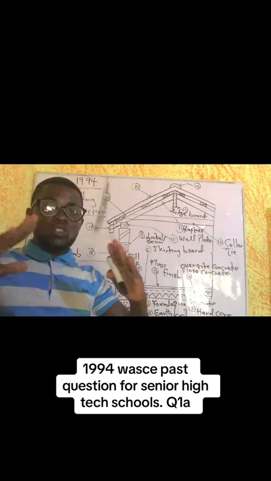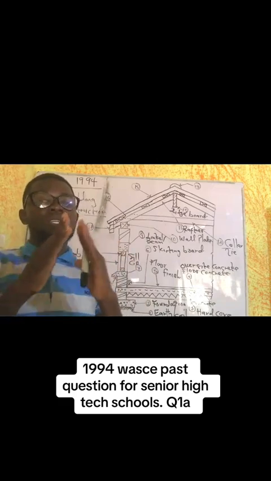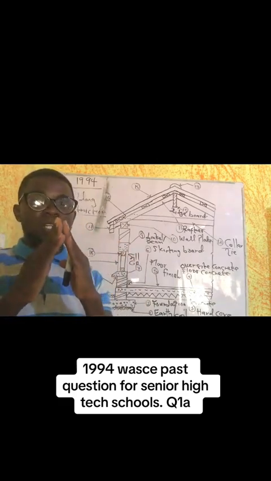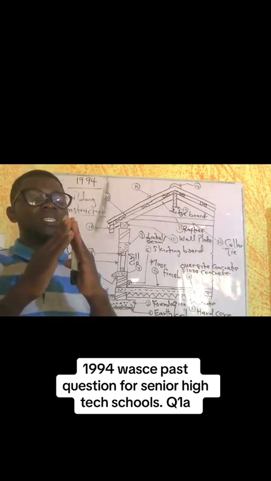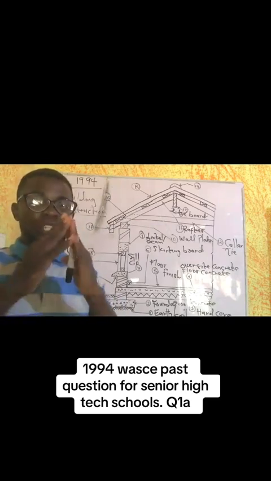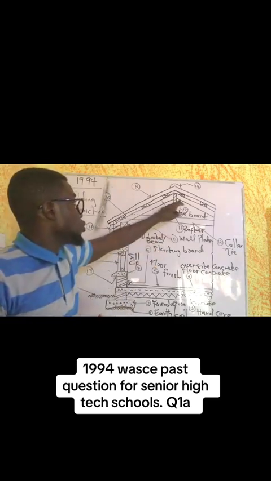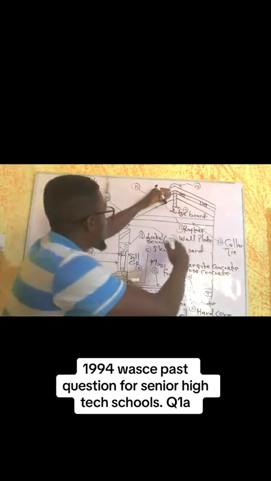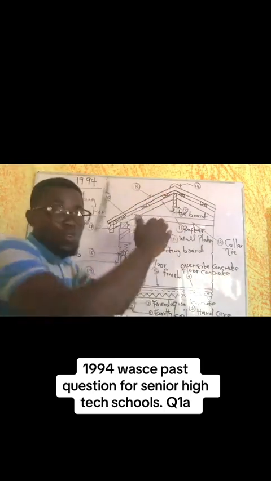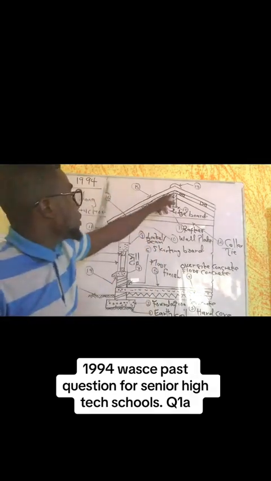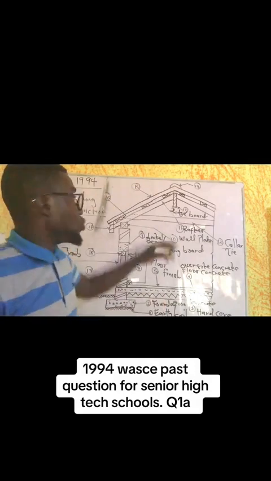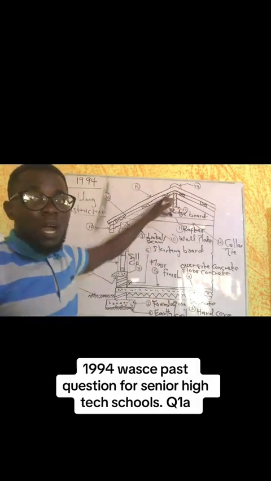The shape that they want, they need something to put in place. So that is the ridge board. And the ridge board in the middle brings the shape. So this is where they come together to form the exact shape that we want. So this is the ridge board at the side.